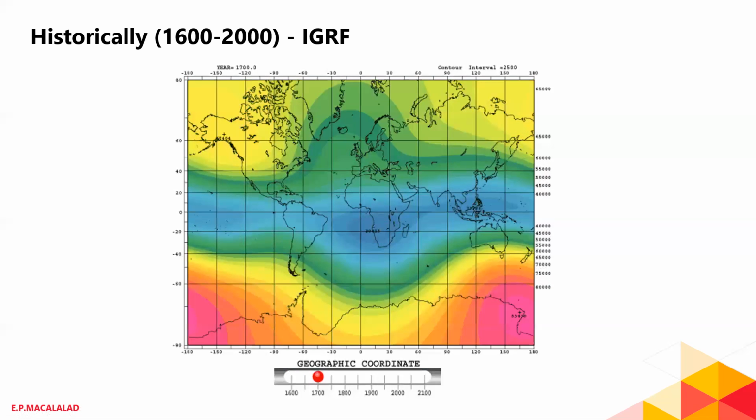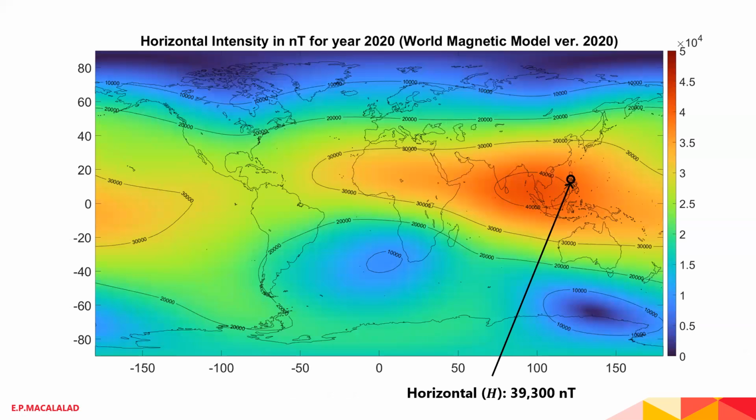Okay, now let's go to horizontal intensity. So this is just the horizontal intensity. From here, the horizontal intensity is maximum at around this region. This is the equator. And then naturally, it is 0 at the pole. So right now, this is where the poles are located, this area and this area.